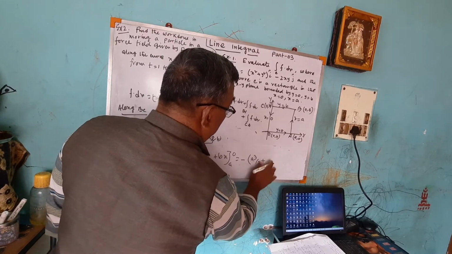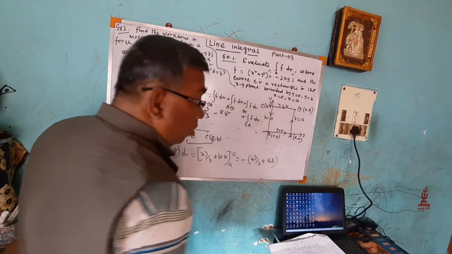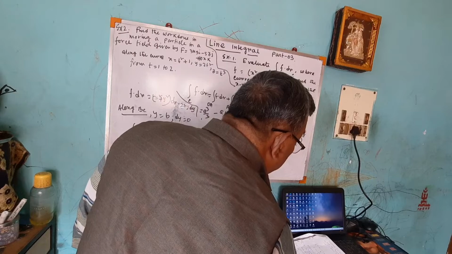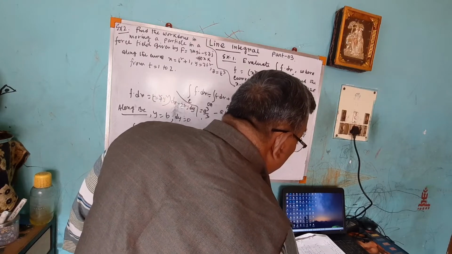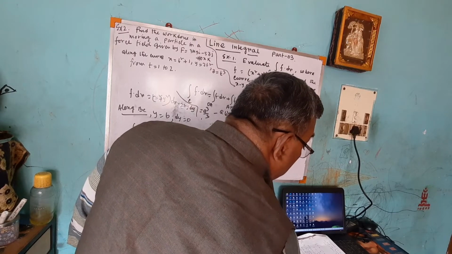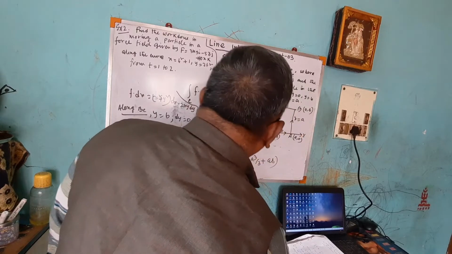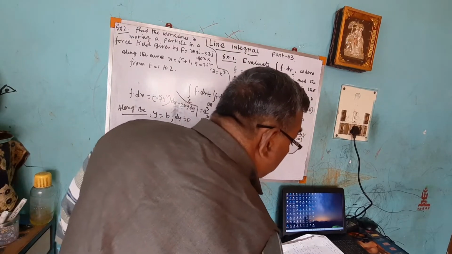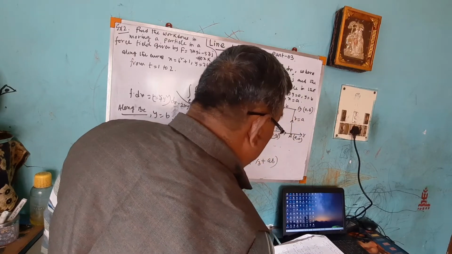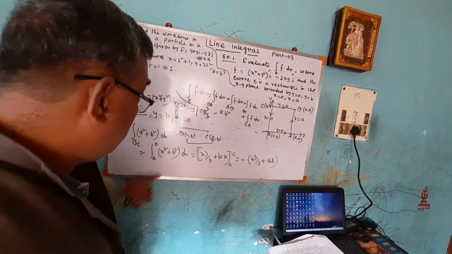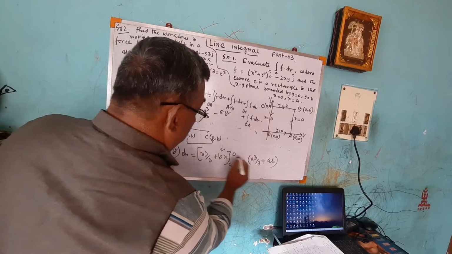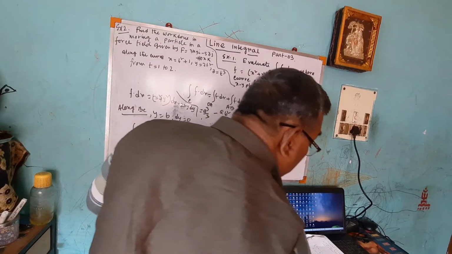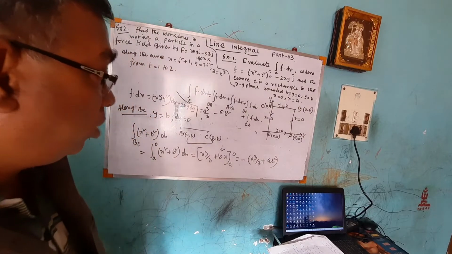Along BC, the value is x cube by 3, that is minus a cube by 3 minus ab square, okay.